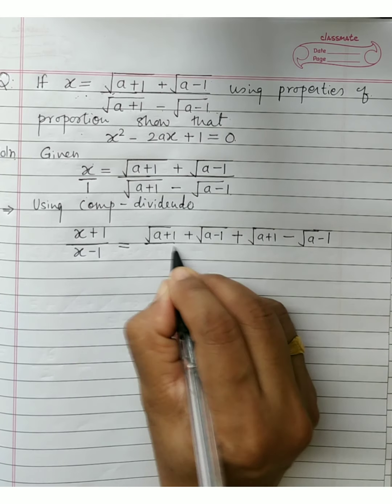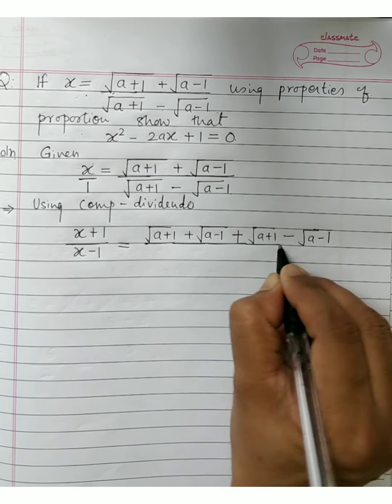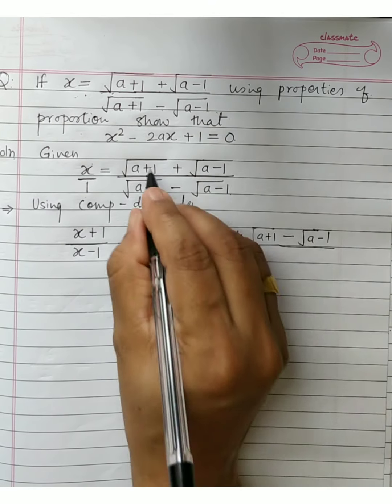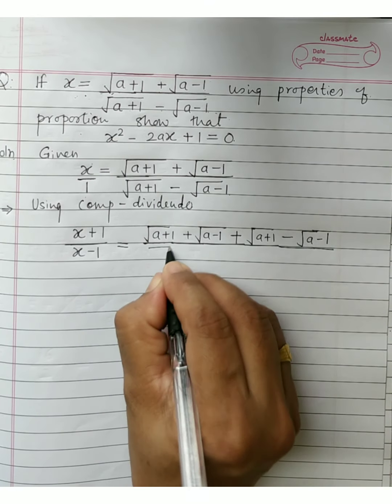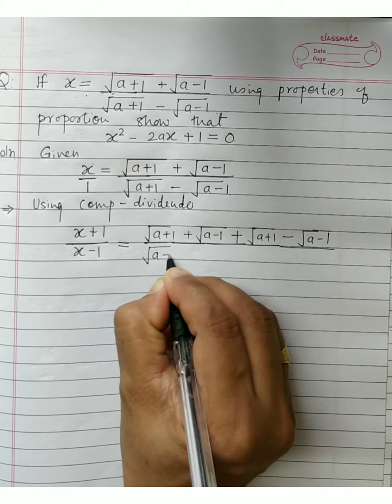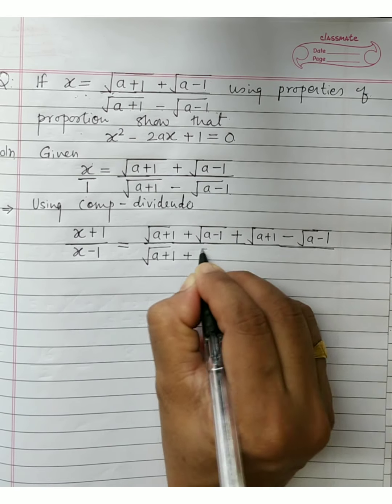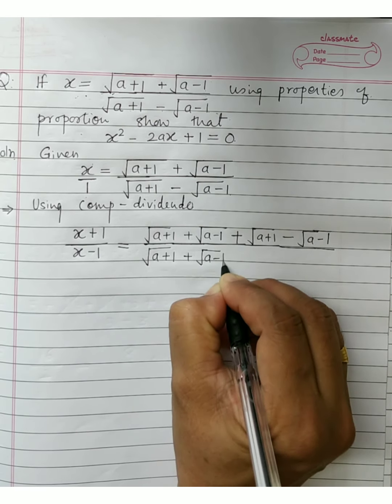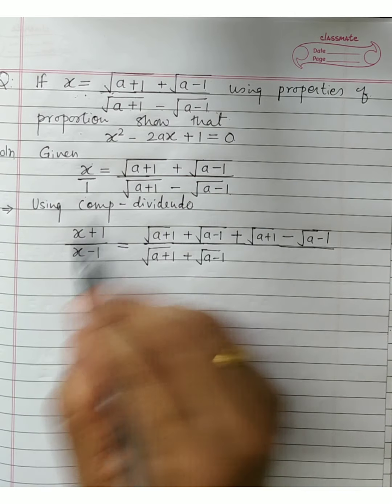This is our numerator plus denominator. Now numerator minus denominator will be what? √a + 1 + √a − 1, numerator minus denominator.